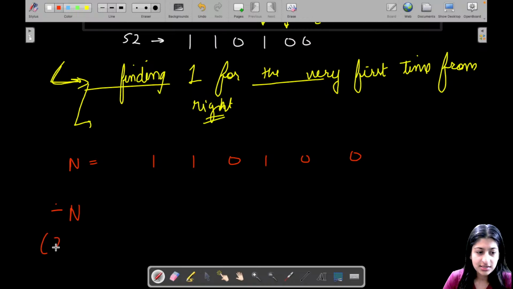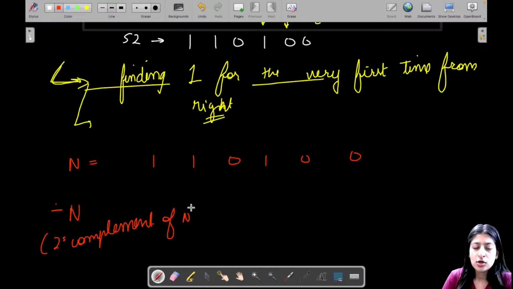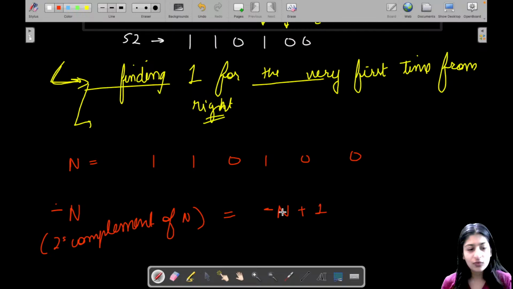That means I am asking you to find the 2's complement of n. You should know that the 2's complement of any number is the inversion of that number, added with 1. That's how you find 2's complement: you invert the number and then add 1 to the inversion. That's how 2's complement is calculated.